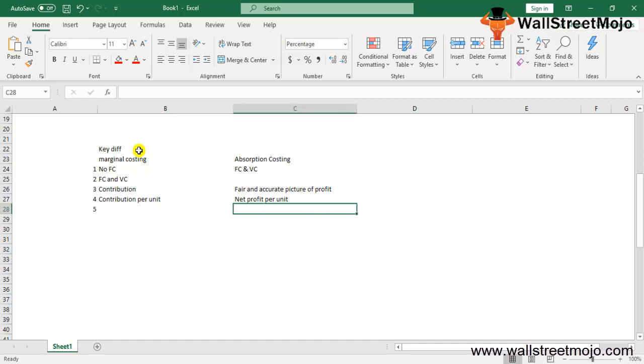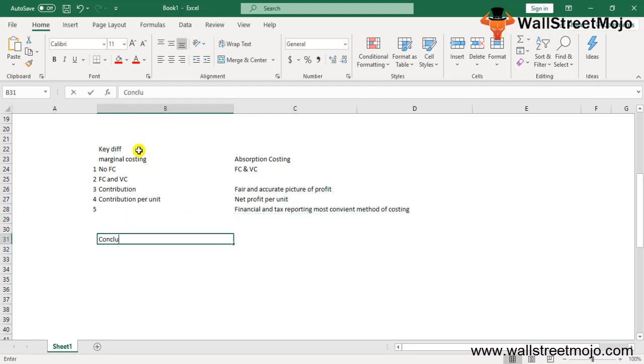While absorption costing, on the other hand, is used for financial and tax reporting purposes, and it is used as the most conventional method of costing. So the conclusion is that from the discussion above, it is clear that absorption costing is a better method than marginal costing in usefulness.